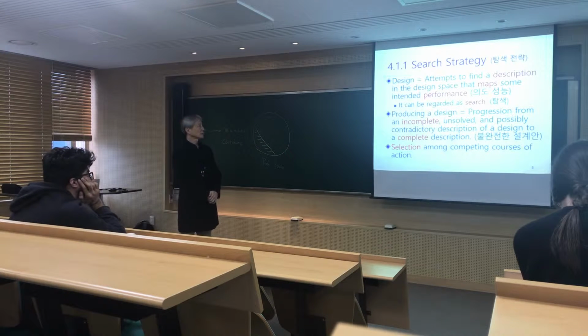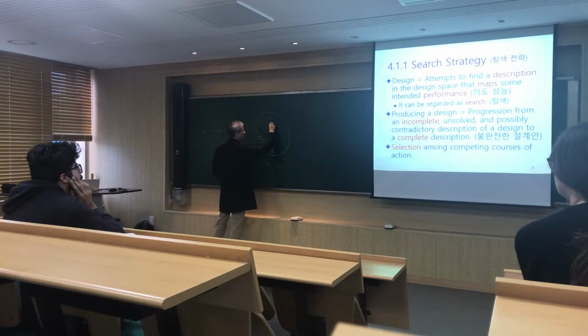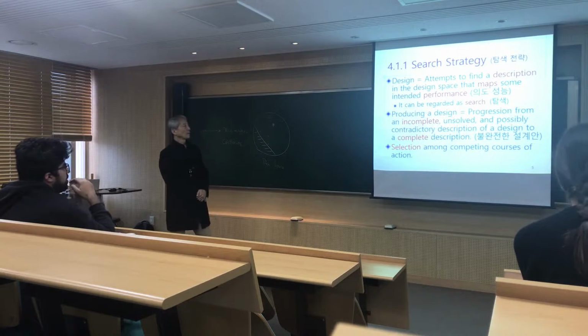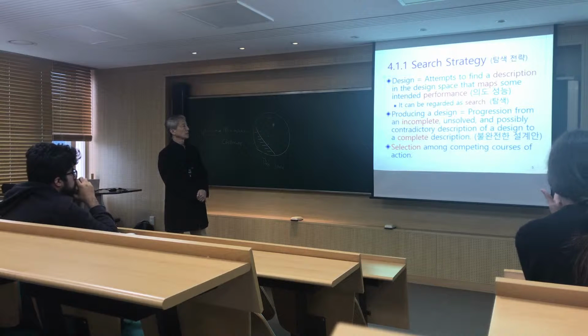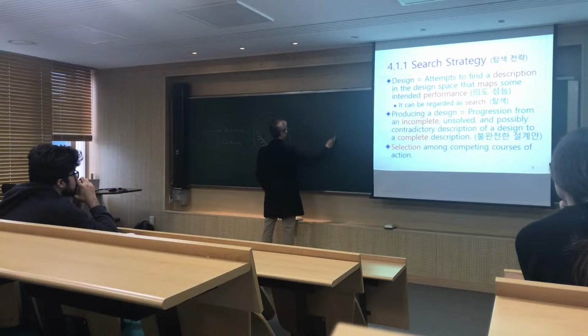And design is attempting to find the description, the drawing in the design space, the proper one, the best one, in the design space that maps to some intended performance, the design requirement. Mapping. There is another space of requirements.